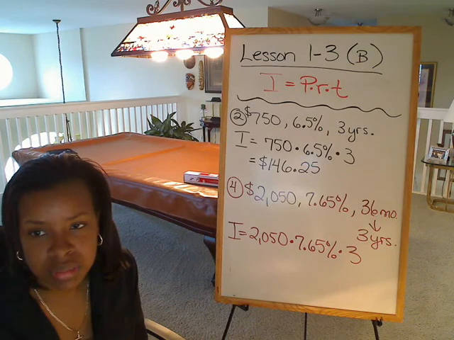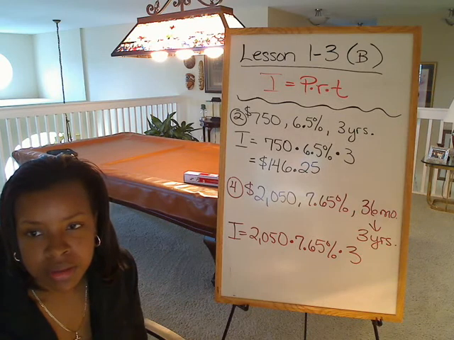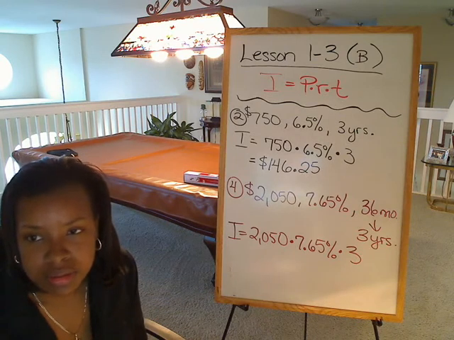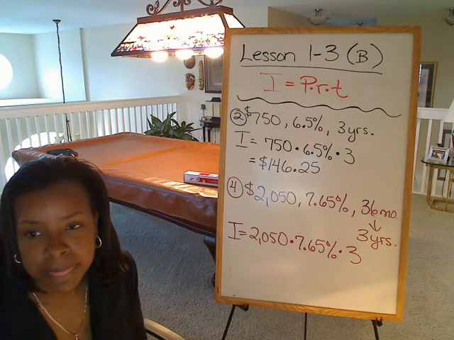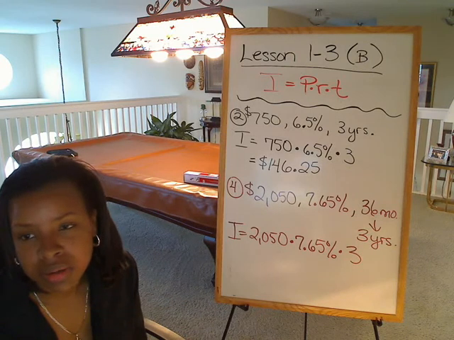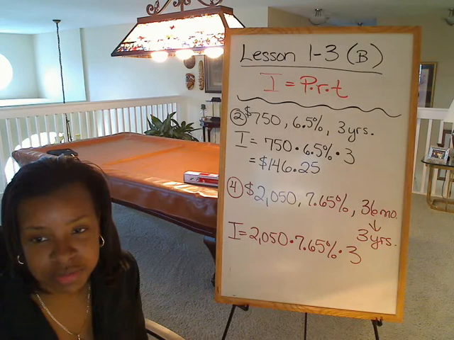See if you get the same thing. 2,050 times 7.65%. Oh boy. Times 3. And I think I made a mistake because my calculator, I have to go through so much more than you do.